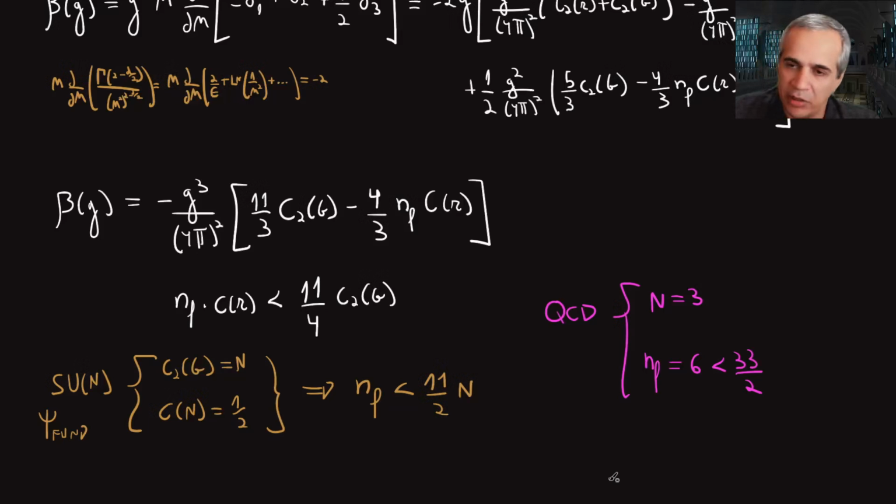Another important thing that we can take from this is that if you have no fermions, like a pure gauge theory, then you always have asymptotic freedom. So all non-abelian gauge theories, or pure Yang-Mills kind of theories, will have asymptotic freedom because the beta function will be negative. Right? So that's it for this video. Thank you.